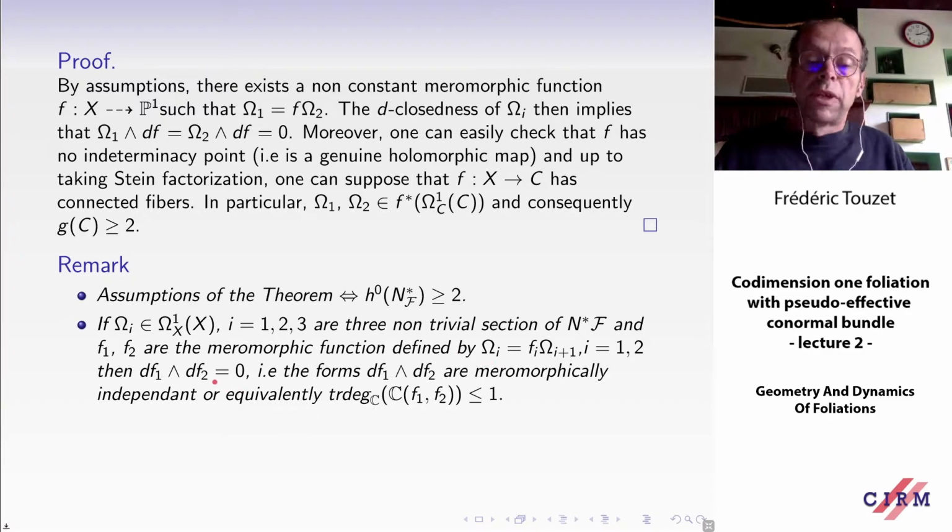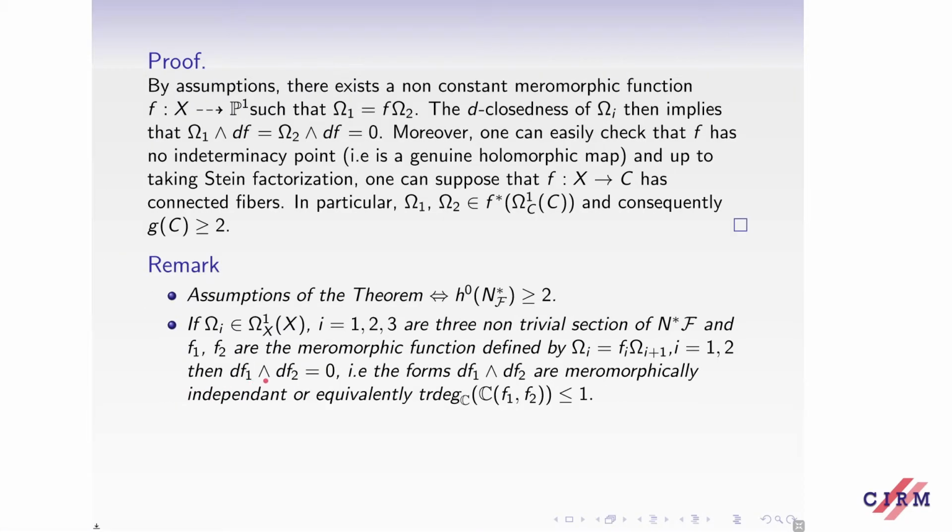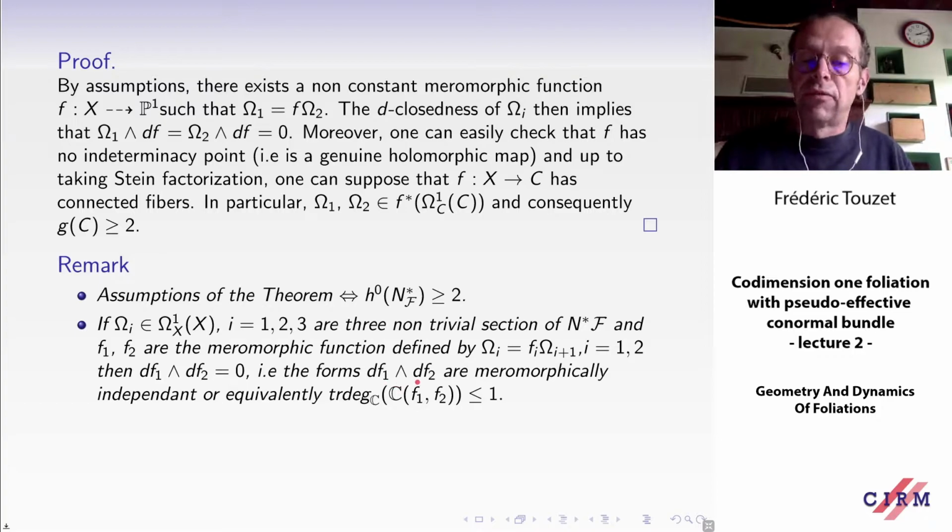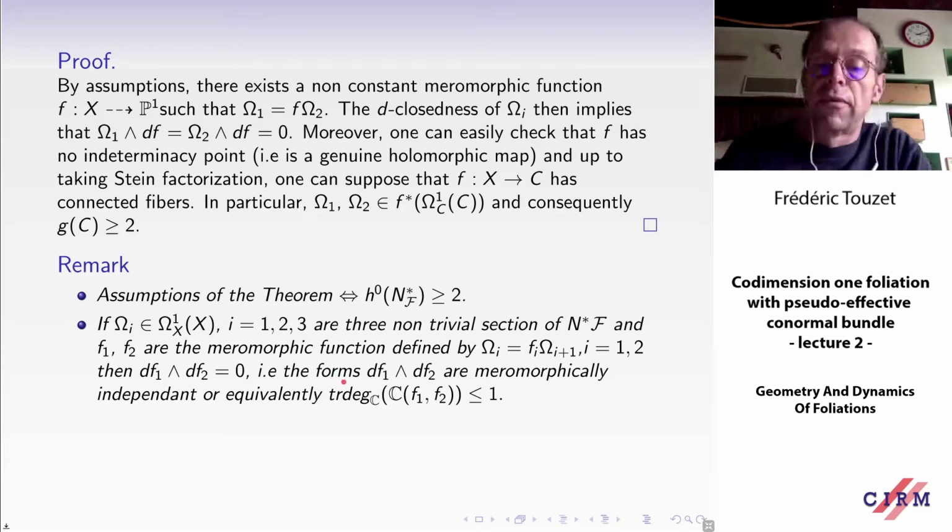Then, of course, because the fi define the same foliation, we get these relations, df1 wedge df2 equals 0. In other words, the forms df1 and df2 are meromorphically dependent. By Siegel's theorem, the transcendence degree of the field generated by f1 and f2 is less or equal to 1.